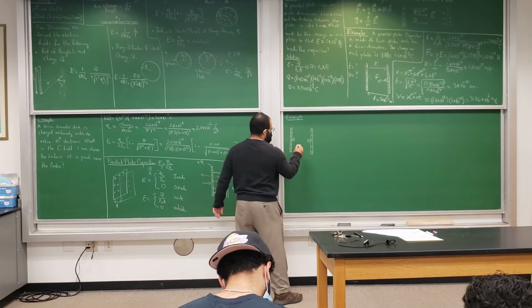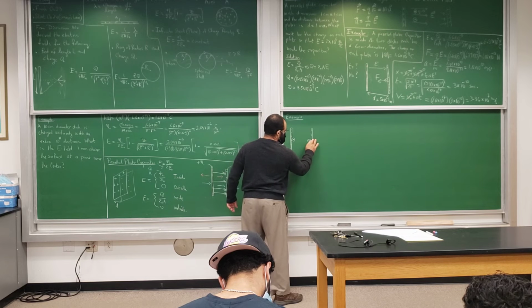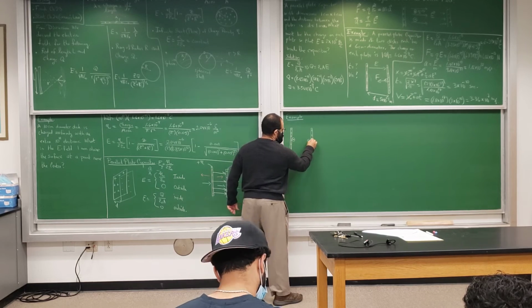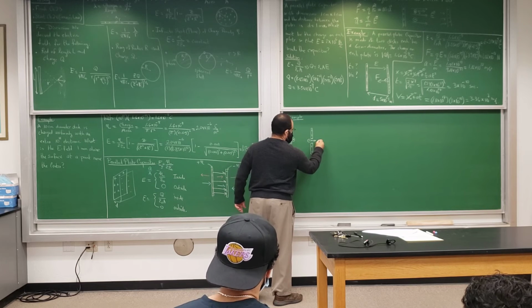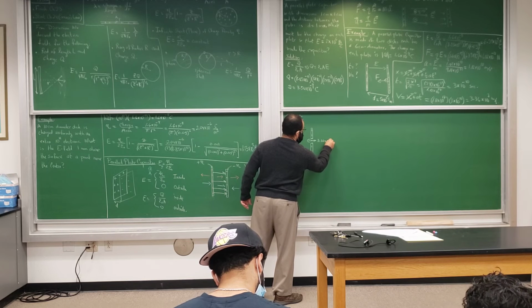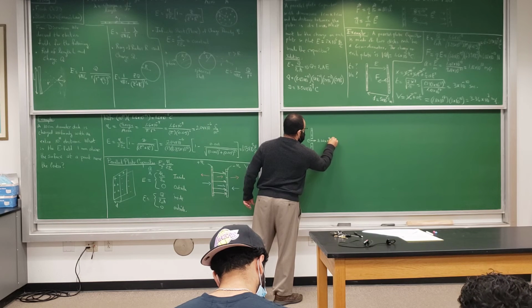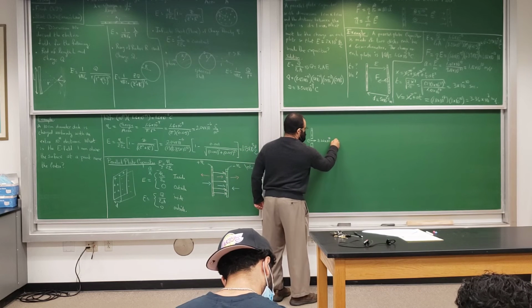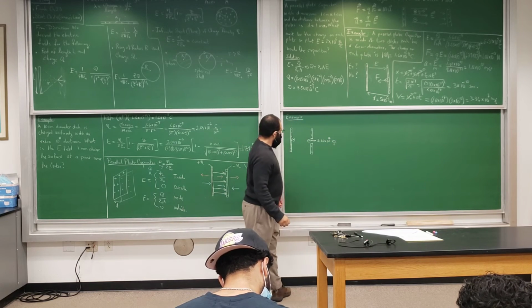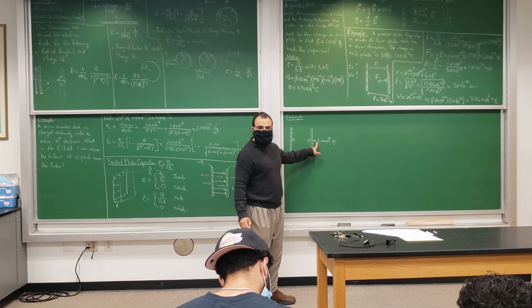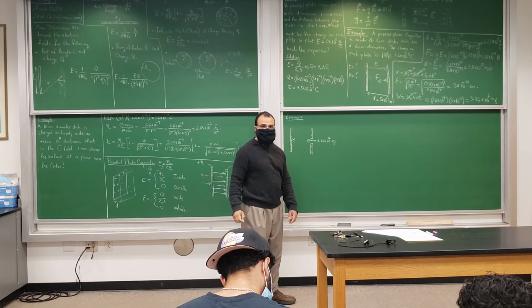Suppose I make a small gap here. The electron will be moving like this at 3.36 times 10 to the 7 meters per second. That's the speed. And so I have produced a charge that's moving to the right.